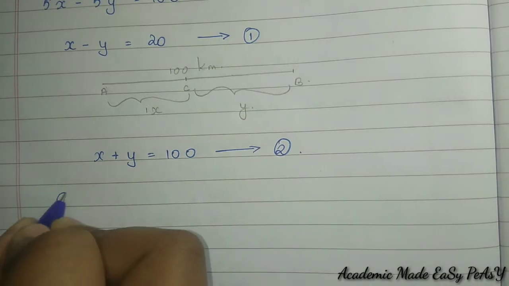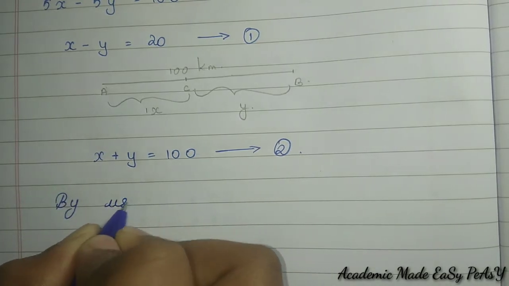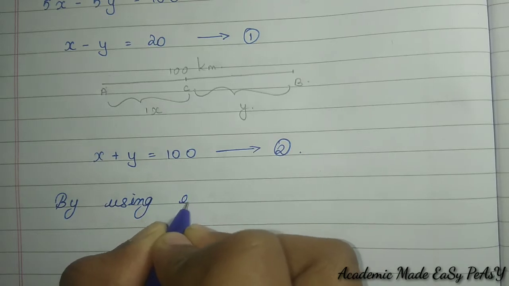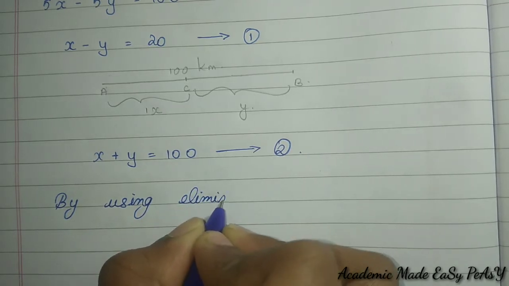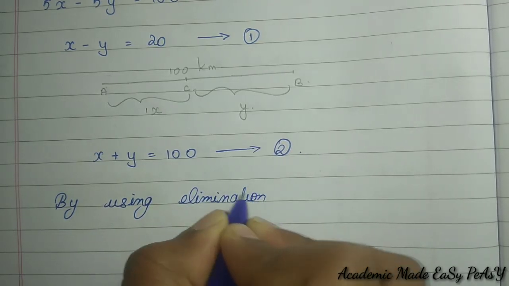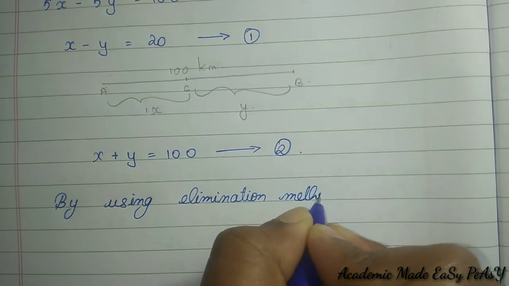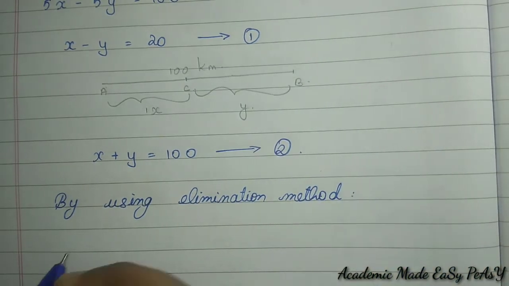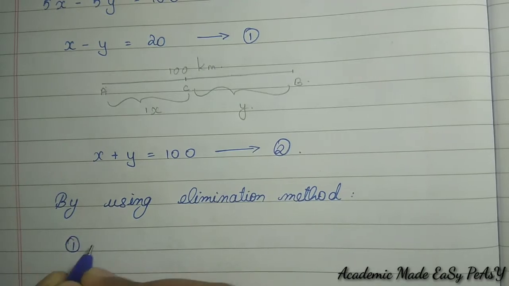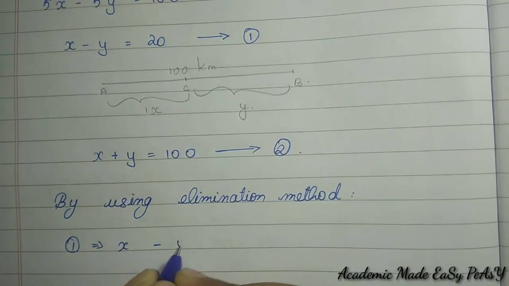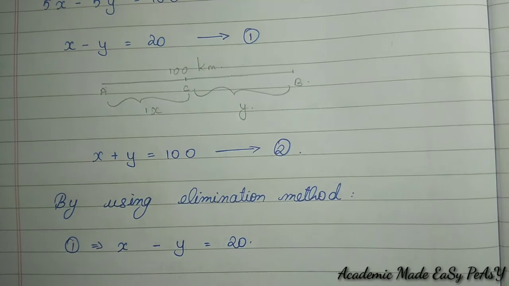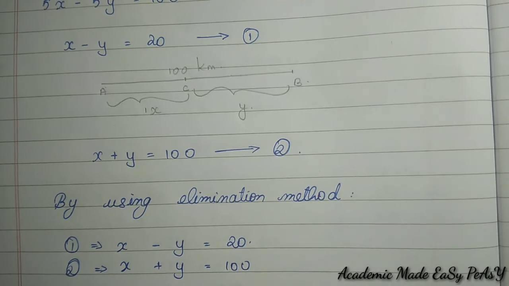So by using elimination method, my equation 1 implies x minus y is equal to 20, and my equation 2 implies x plus y is equal to 100.